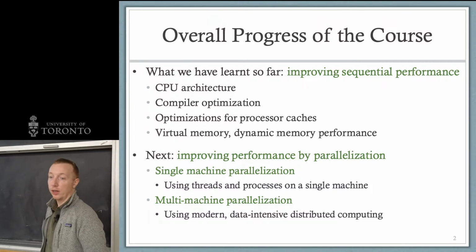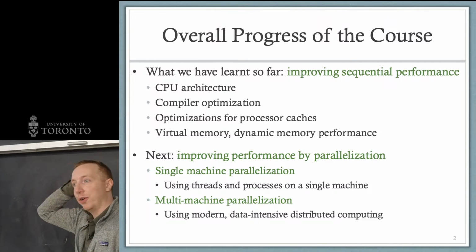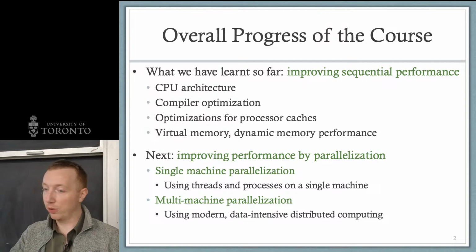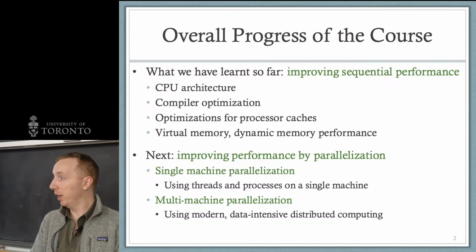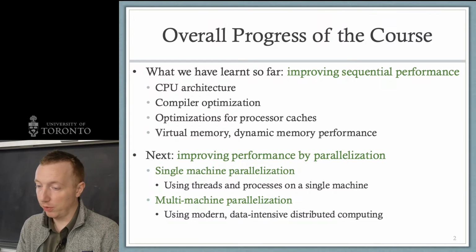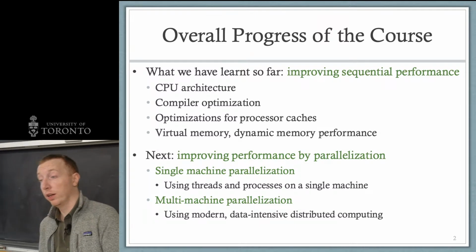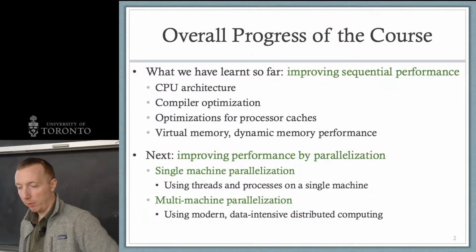So for this course, we are now done arguing about purely sequential programs. So far, single core: we did a little bit of architecture, did a bit of compiler optimization, got a flavor of those two things, did some optimizations taking caches in mind, did some optimizations taking virtual memory in mind, dynamic memory performance, all of that.